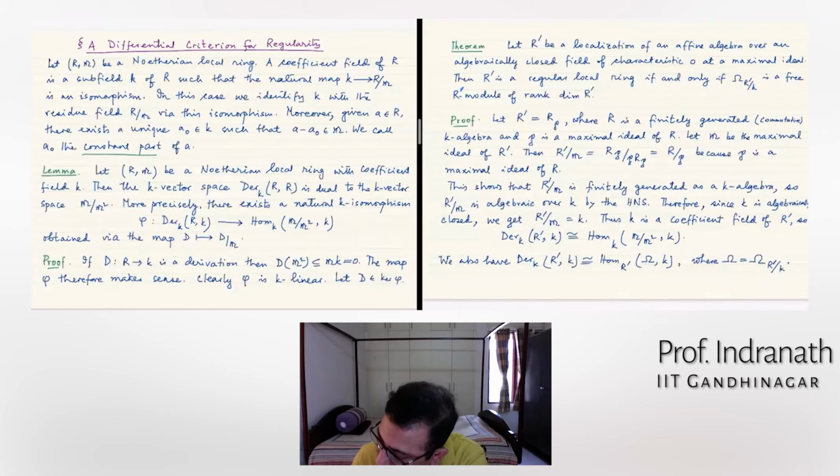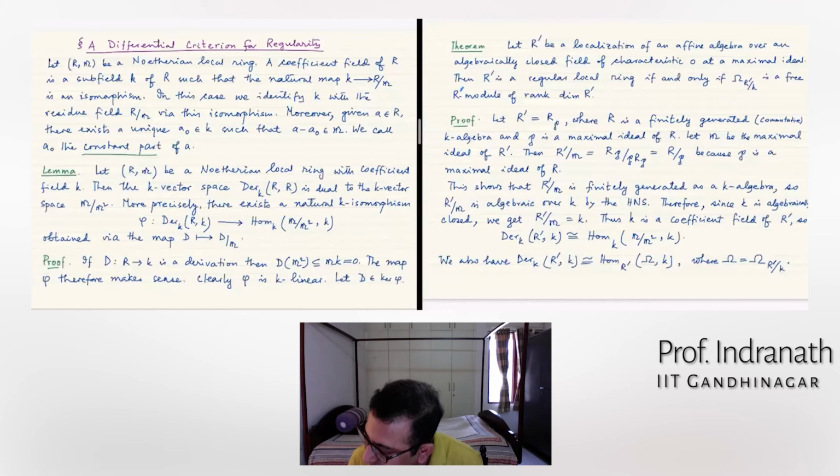Okay, so this shows that this is a finitely generated K algebra because so is R. So R dash mod M is algebraic over K, where you use the Hilbert Nullstellensatz. You have already seen this in various forms in Professor Patil's lecture. So therefore, since K is algebraically closed, you get R dash over M is exactly equal to K.